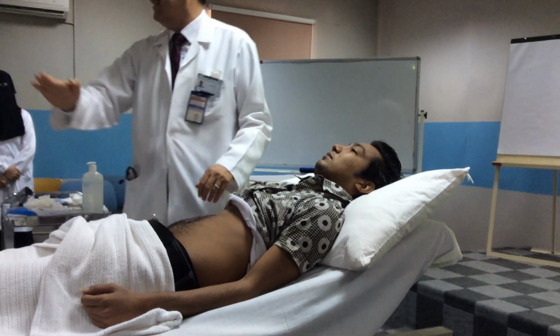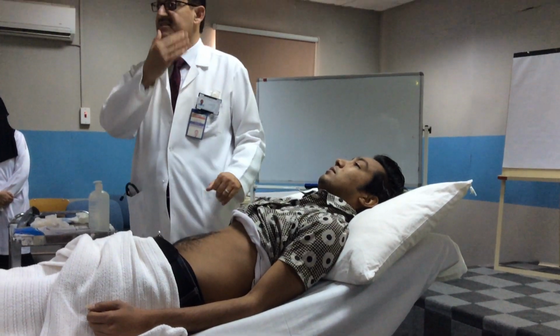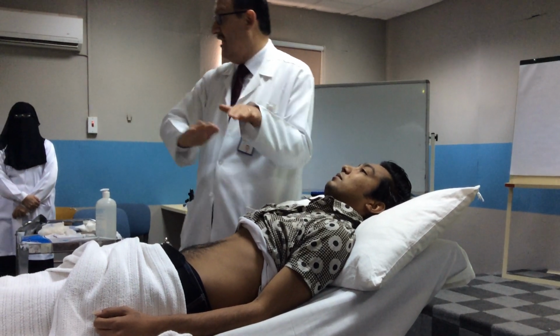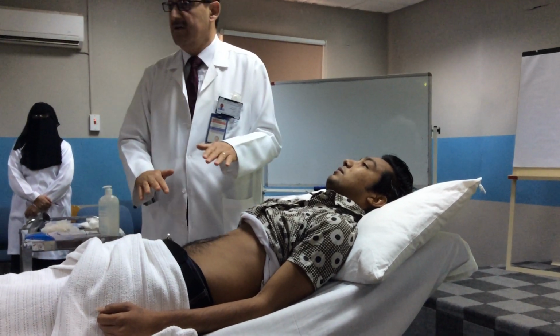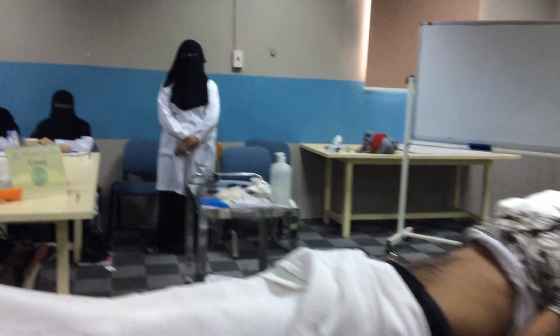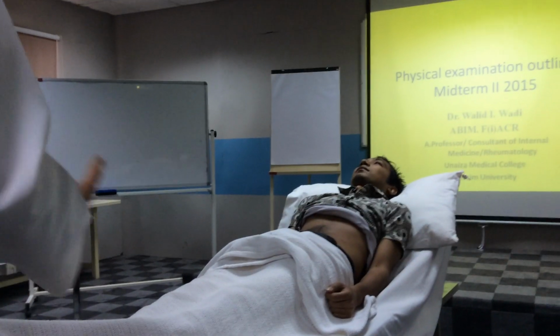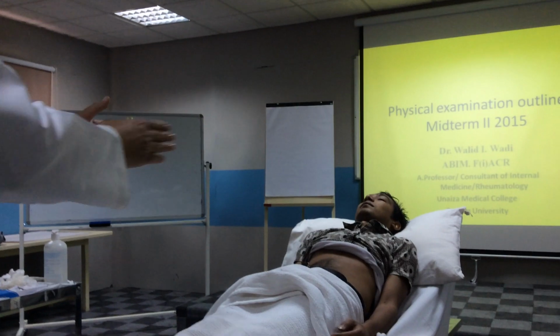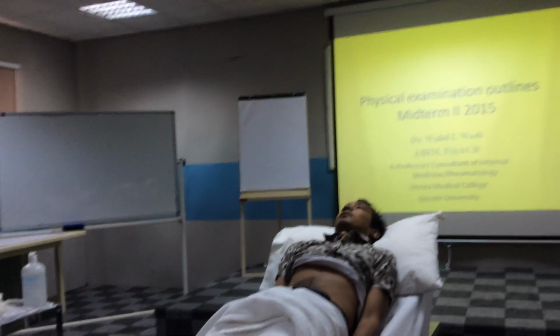If it is below that line, this is a scaphoid abdomen. Or if it is along that line, this is a flat abdomen. Then you look for symmetry and you come from here. Notice that you have to move to show that you are really looking for this carefully. This is symmetrical, both sides are symmetrical.